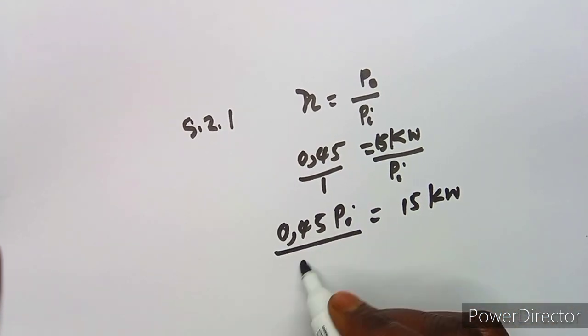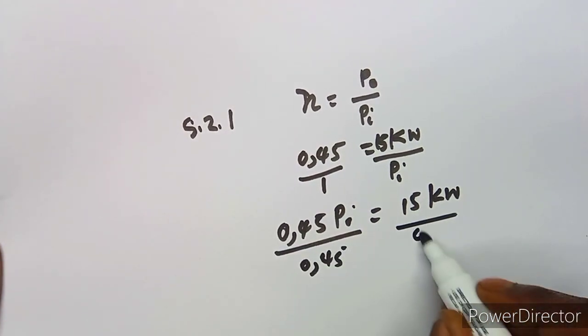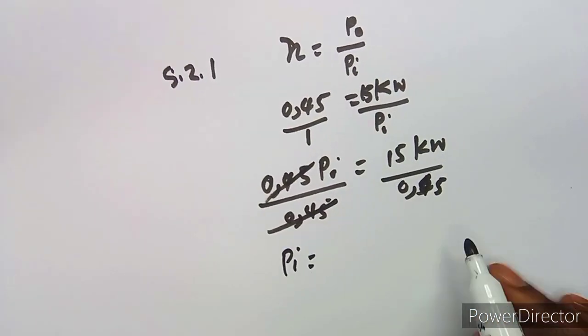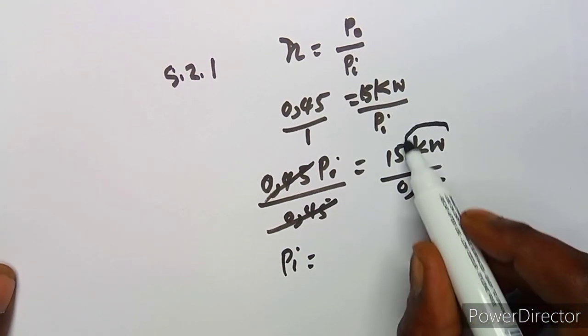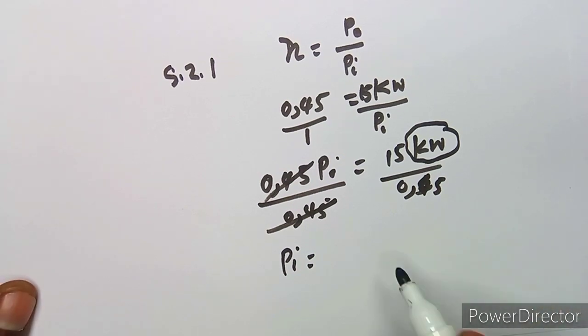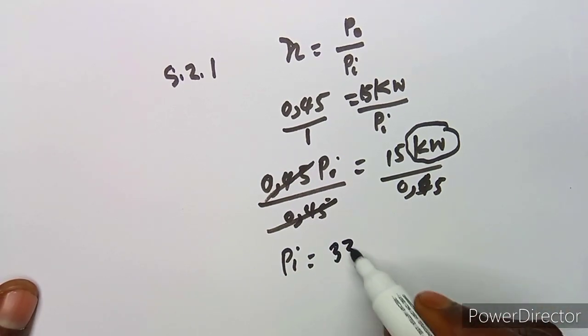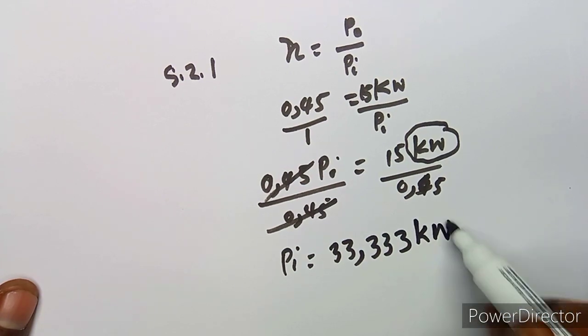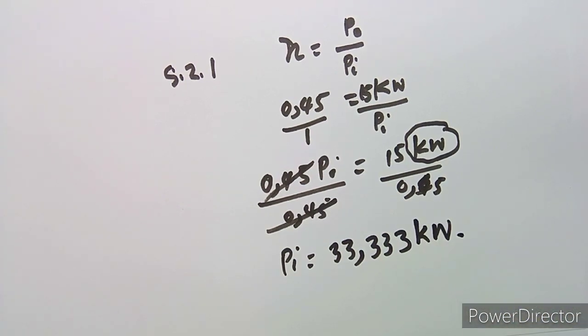So divide by 0.45 on both sides, and we shall have our input power, which is already in kilowatts. So 15 divided by 0.45 is going to give us 33.3333 and so on, which is 33 kilowatts. So that is your input power in this case, 33.333 like that.